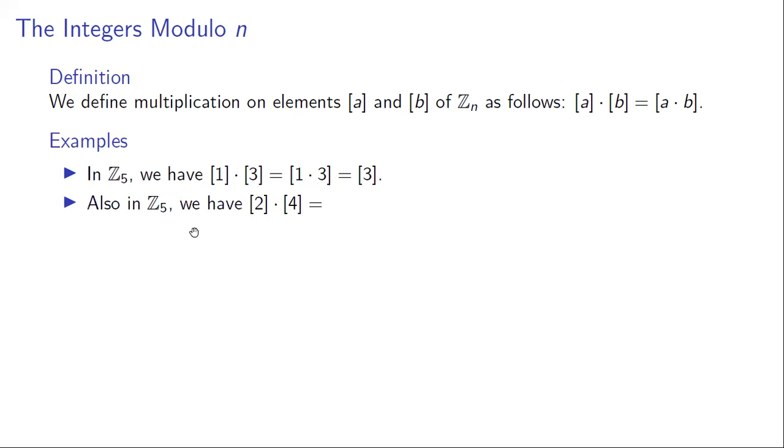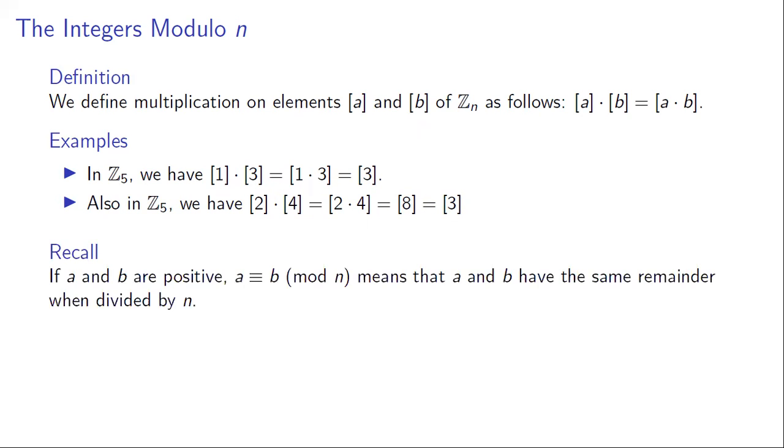What if we do the equivalence class of 2 times the equivalence class of 4? That gives us the equivalence class of 8. But if we're working in Z sub 5, we want something between 0 and 4. So what is the equivalence class of 8 equal to in that range? It's equal to the equivalence class of 3.